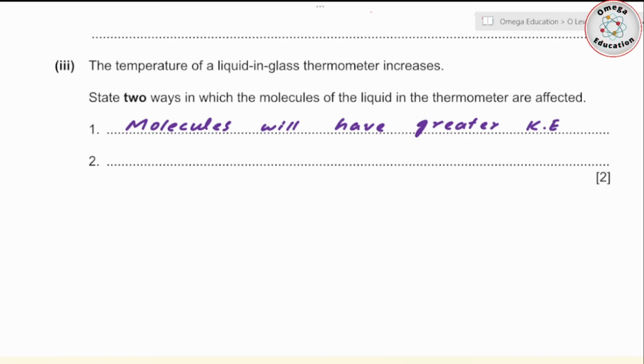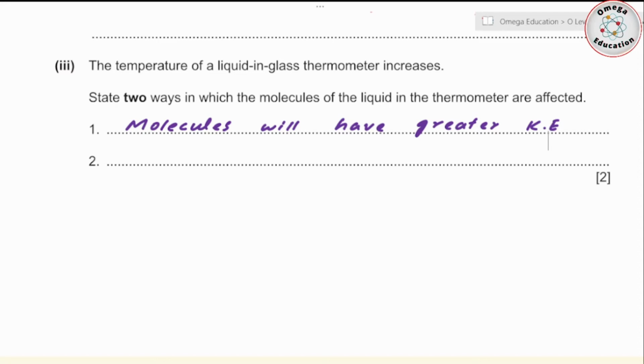All right, or you can also say the molecules will be moving faster. But the thing is, these 2 points, the molecules will be having more kinetic energy or the molecules would be moving faster, are considered a single point, because kinetic energy and speed are directly related to each other. So you cannot break it down and write them as 2 different points.